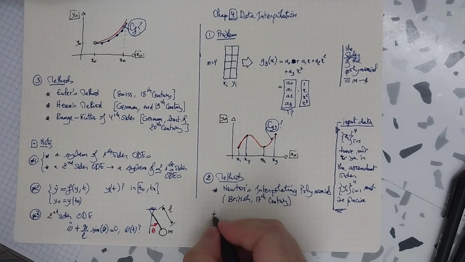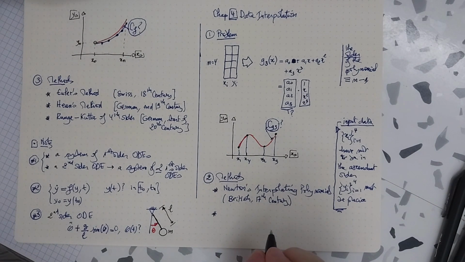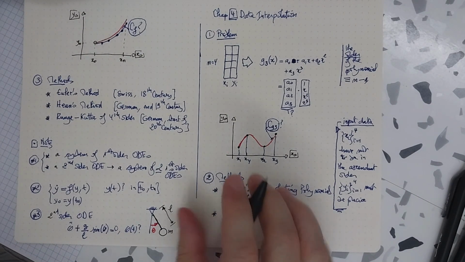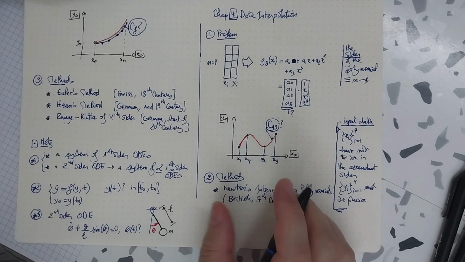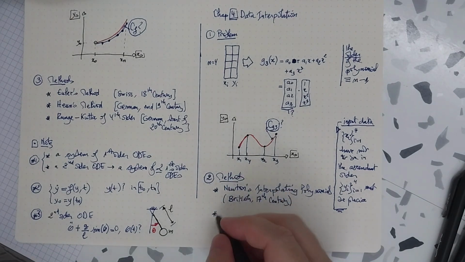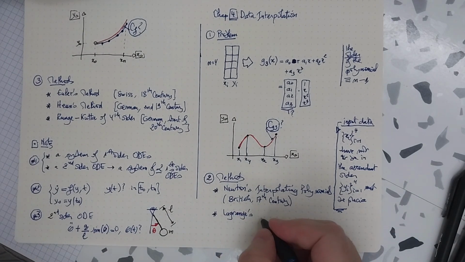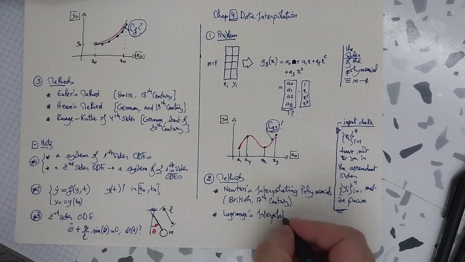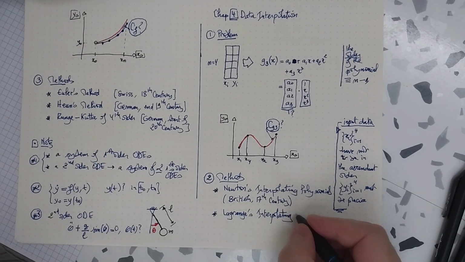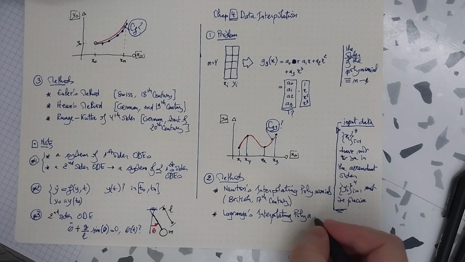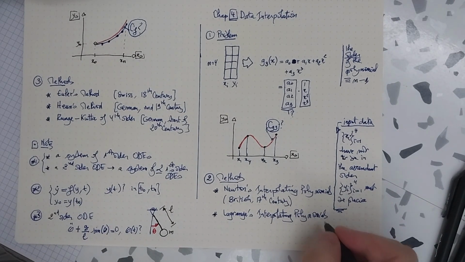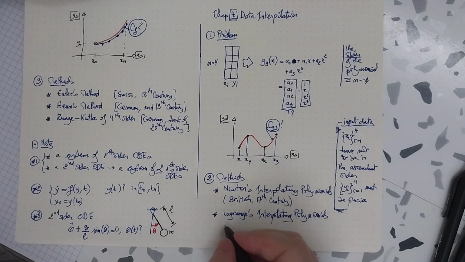And we also see Lagrange's interpolating polynomials. Lagrange's is actually a slight modification of Newton's method. He is French.